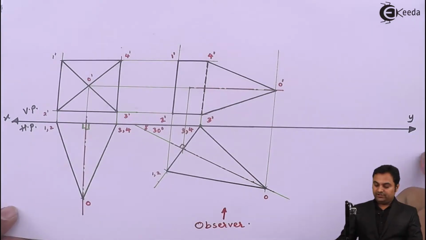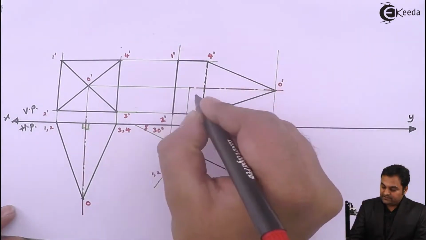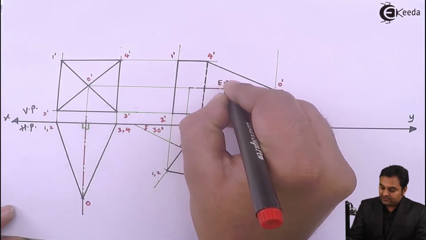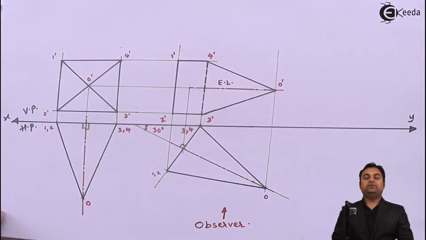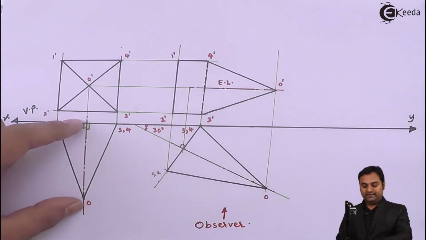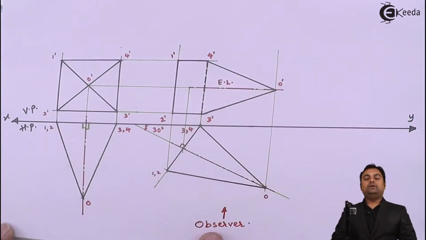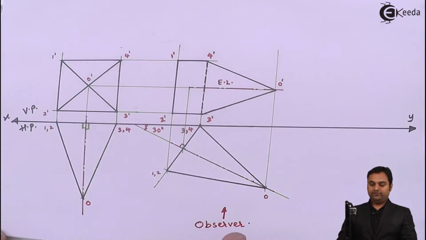So I'll write the notation here that the axis in the front view, which is the apparent length, is called elevation length because it is seen in the front view, and the length is not true. True length is 60 mm, but here the length changes when I am looking at it as an observer and drawing the front view.